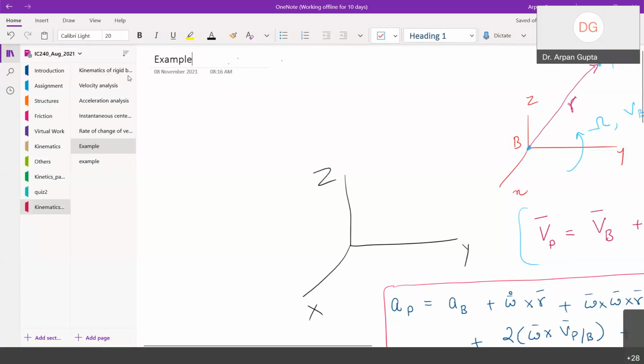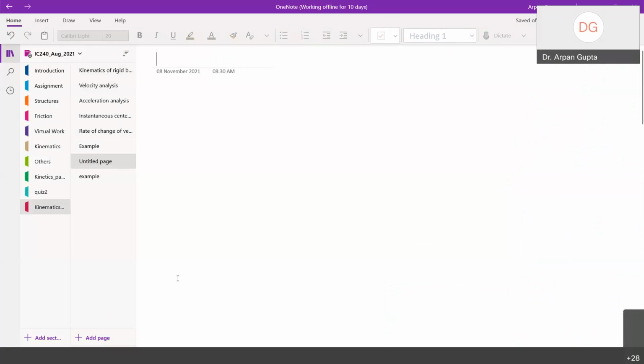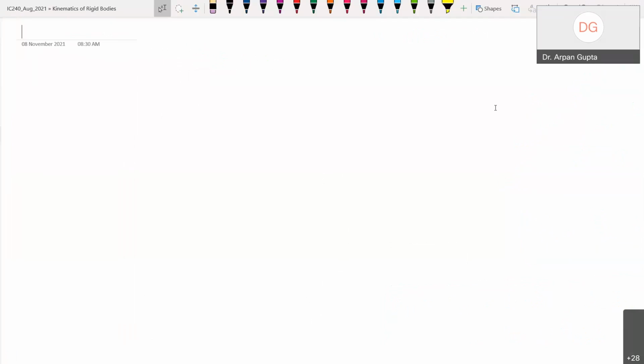Okay, now let me add one more concept, and then we will solve another example again to understand it better. So another concept is motion about a fixed point.